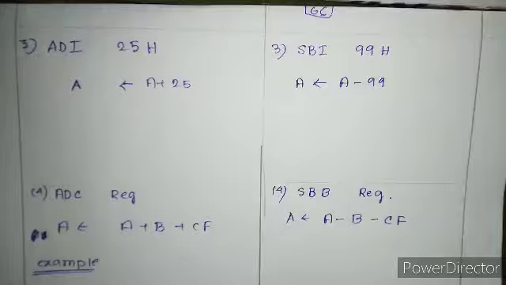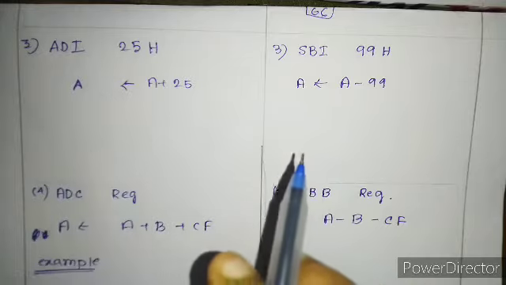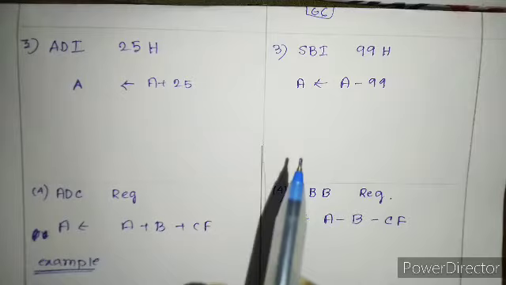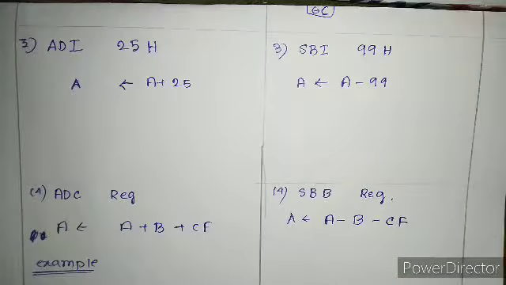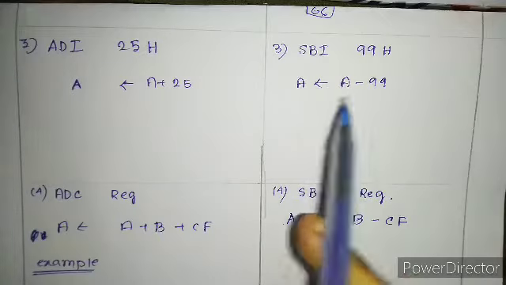Clear? So in the previous examples we have seen the data was given in a register or in a memory location. Now we know that there is something called immediate addressing mode. So in addition and subtraction also we can give the data straight in the instruction. Here I have taken ADI 25 and SBI 99. So this is add immediate and this is not State Bank of India.